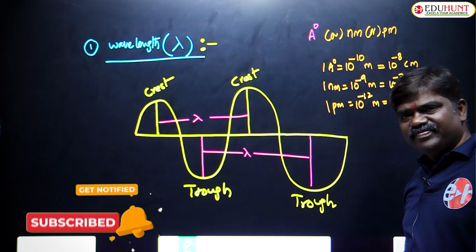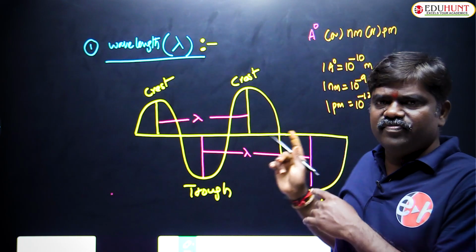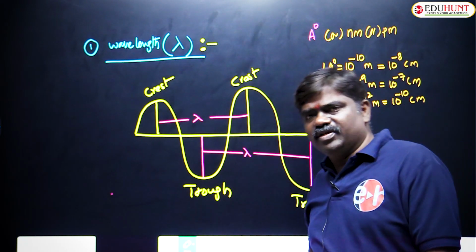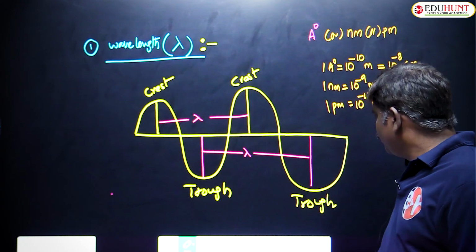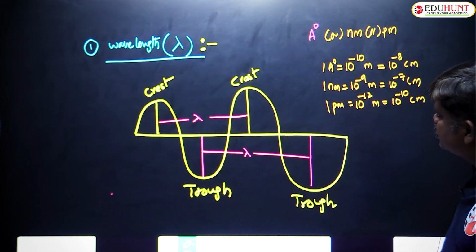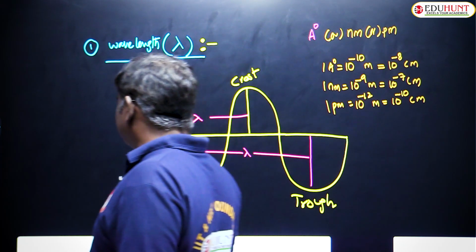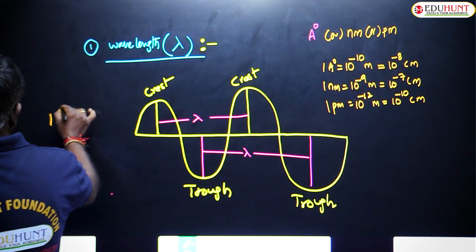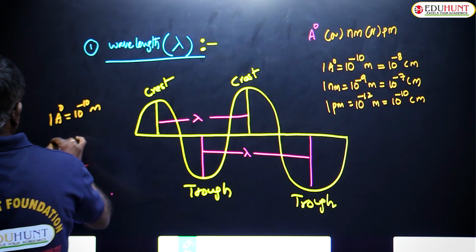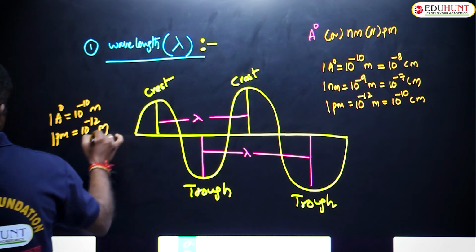If you take centimeters or meters, the values are given here only. Okay. Now, what is the relation between picometers and angstroms? 1 angstrom is equal to 10 power minus 10 meters, and 1 picometer is equal to 10 power minus 12 meters.